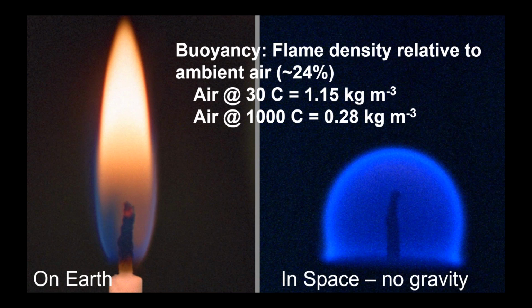But if you take a candle up on the space station, even if you have plenty of oxygen and fuel, everything for combustion, you don't get the same kind of candle flame, because there's no gravity to allow buoyancy to remove all those hot combustion products. So gravity is the key. Basically, if you didn't have gravity, you wouldn't have forest fires. So I think someday, if we're able to invent an anti-gravity machine, you would see very, very effective fire suppression.